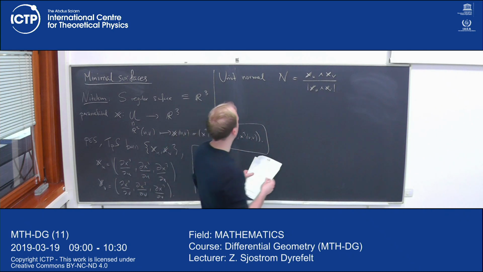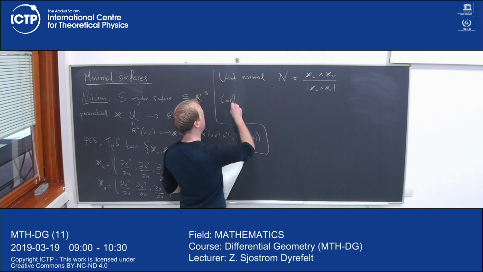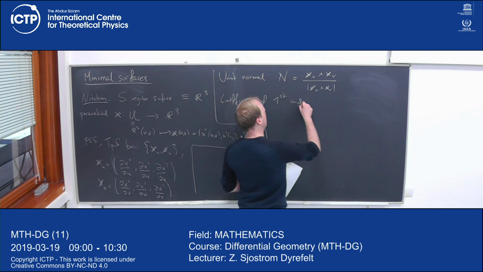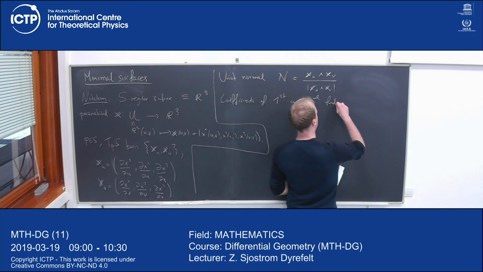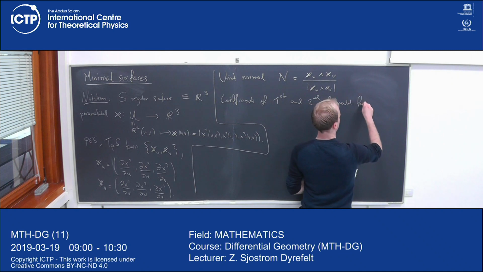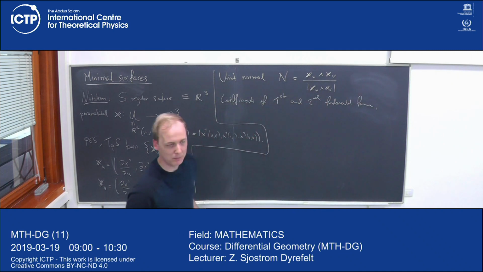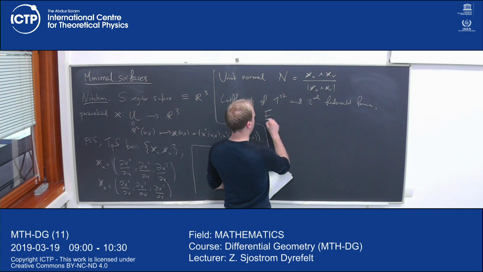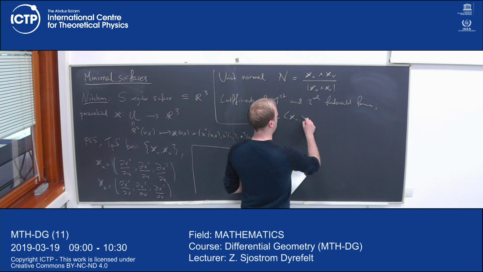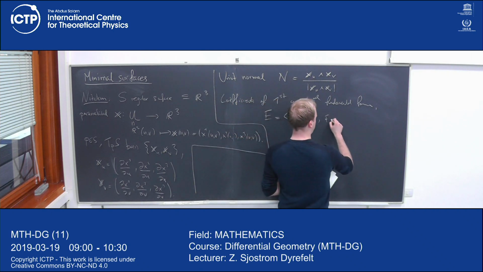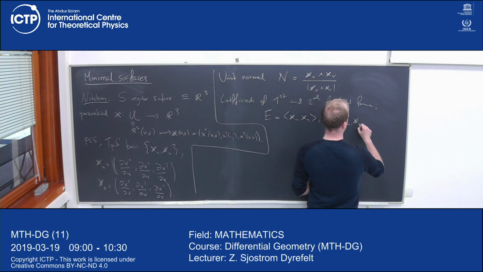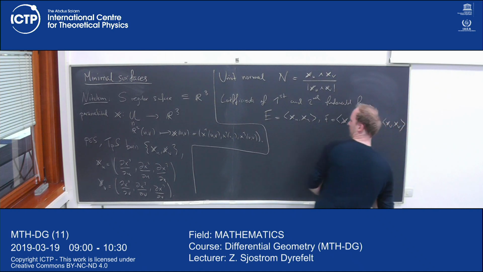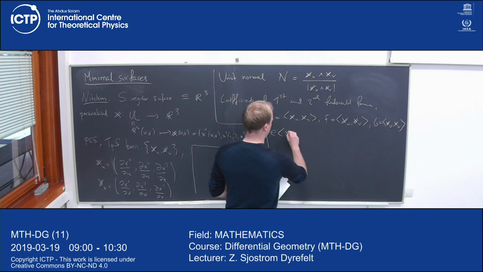This is the unit normal, and then you also have the coefficients of the first and second fundamental form. So all of this you have studied, and I call them capital E, F, G and small e, f, g. The first fundamental form has the following coefficients, and the second fundamental form has these coefficients.